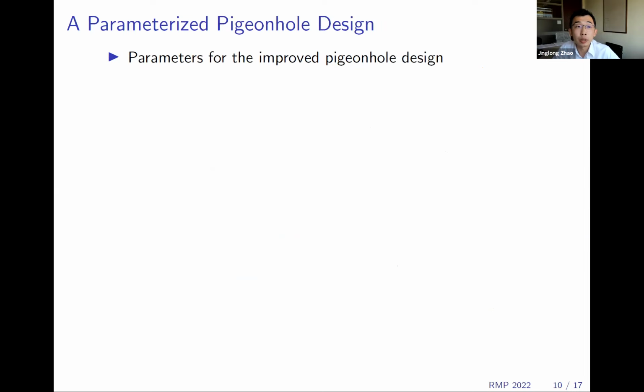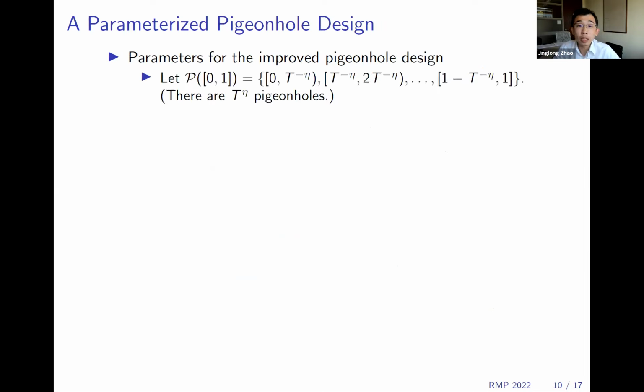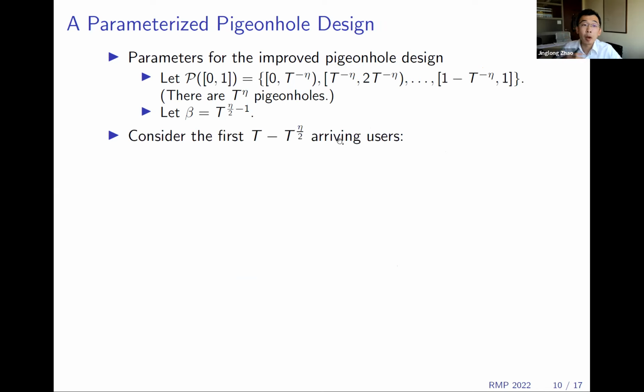And we're going to introduce this parameterized pigeonhole design here. So let's suppose that the size of the pigeonhole is parameterized by t to the negative eta. And then let the balancing parameter be t to the 1/2 of eta minus 1. And then we're going to consider the first t minus t to the 1/2 of eta arriving users.